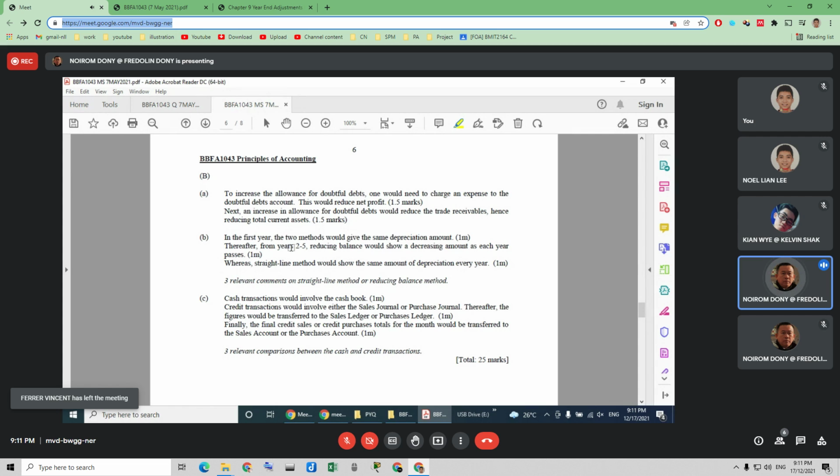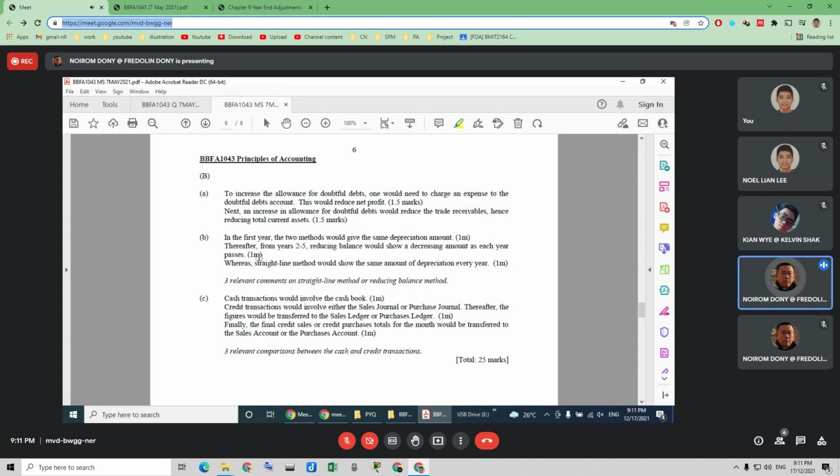In the first year, the two methods would give the same depreciation amount. Yes, it's true, because in the first year, for reducing balance method, the percentage you apply is times the original cost. Same goes with straight line, isn't it?